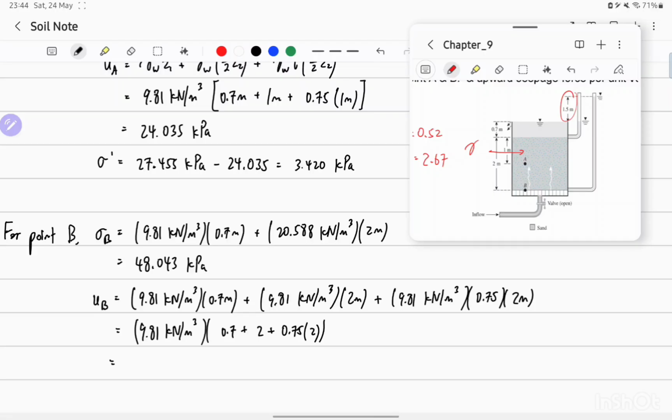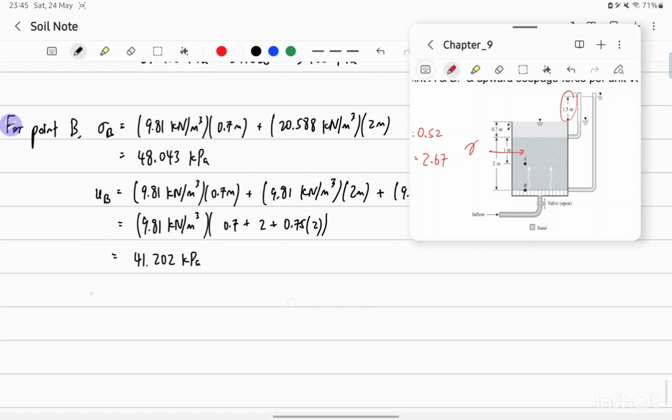You will get 41.202 kilopascal, and for the effective stress, just minus, 6.841, and there you have it.